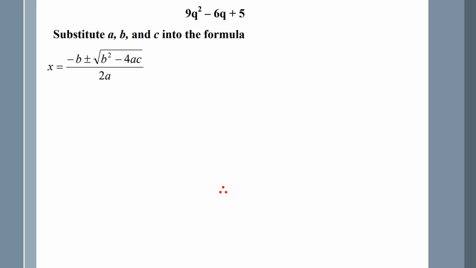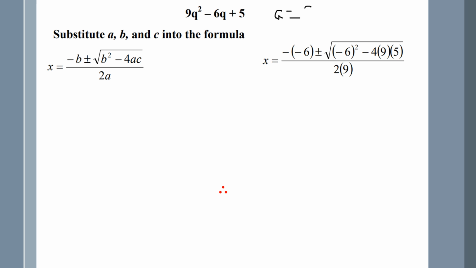So with that being said, let's know where our numbers go. a was 9, b is -6, and c equals +5.